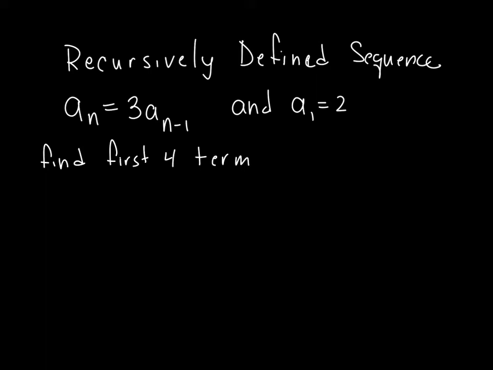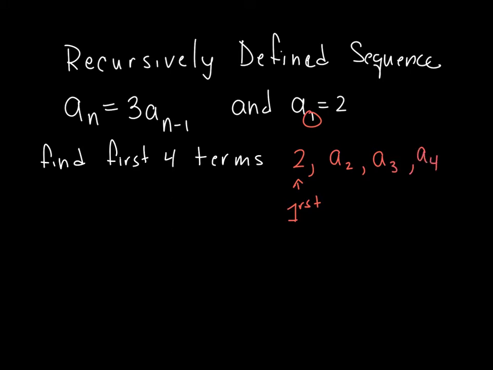Now let's make sure we talk about what all of this means. So the 1 here, that means 2 is the first term. So that 1 just means it's the first term in place. Now what we have to do is find A2, A3, and A4. That will give me the 4 terms.